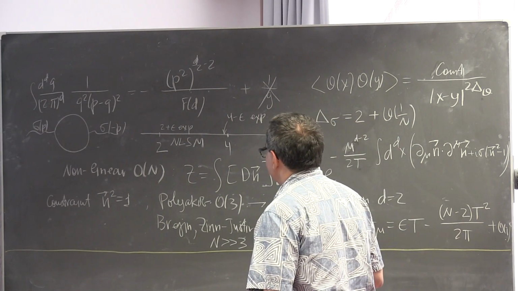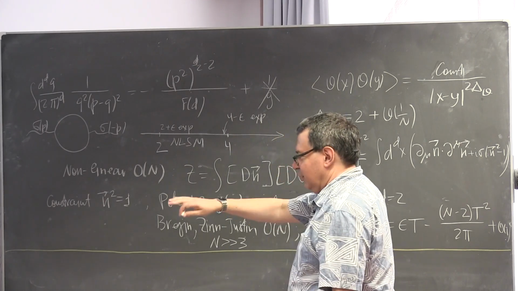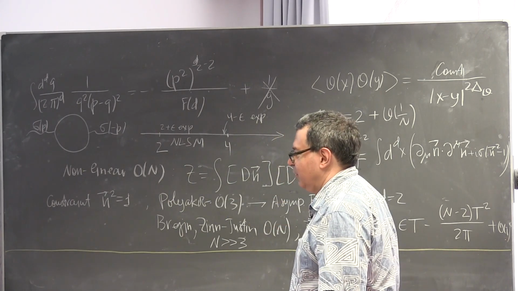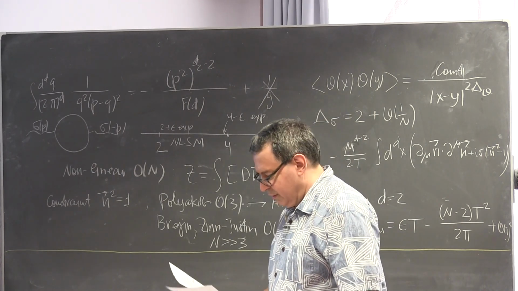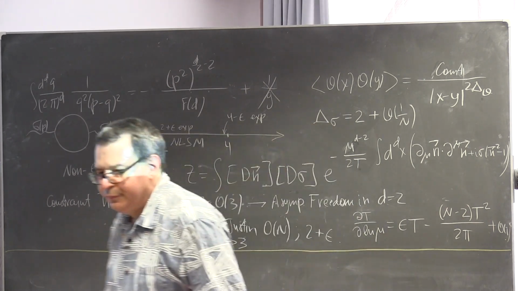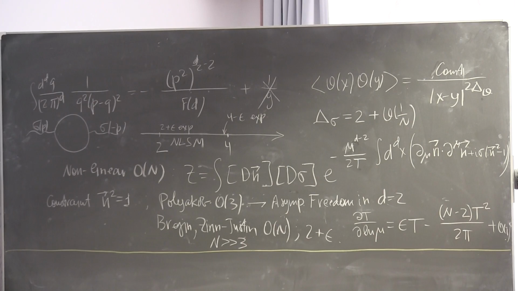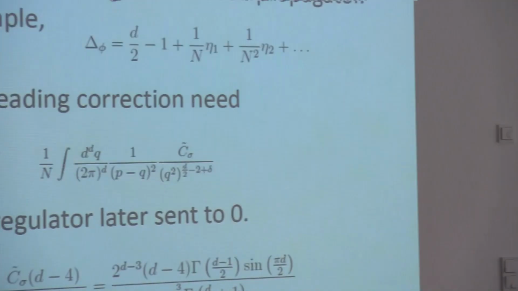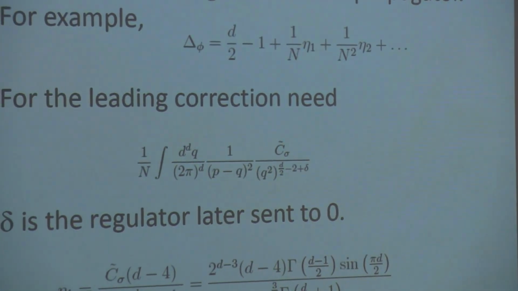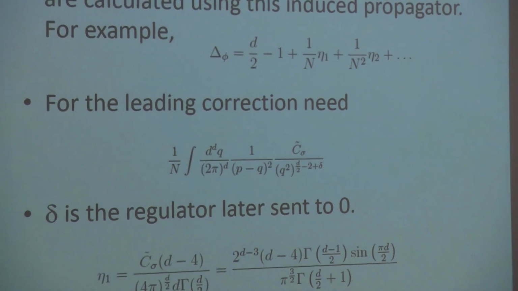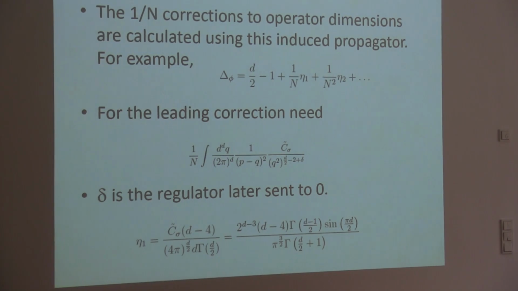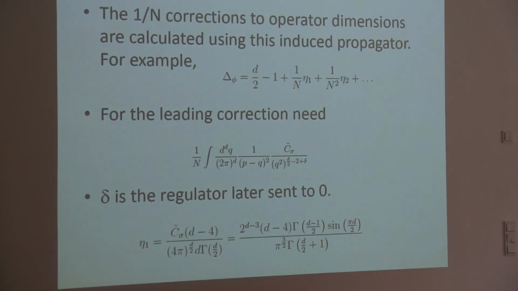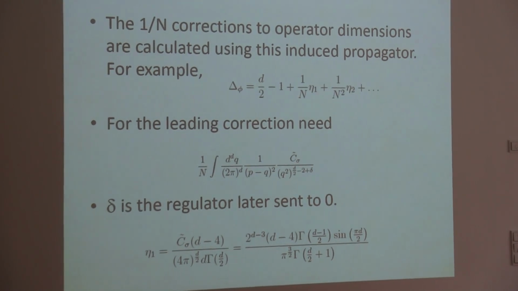As I mentioned, I will list the archive number of the paper where this is reviewed. All right, so then let's look at this. You can use this sigma propagator to develop the 1 over n expansion for various physical observables, like delta sub phi.